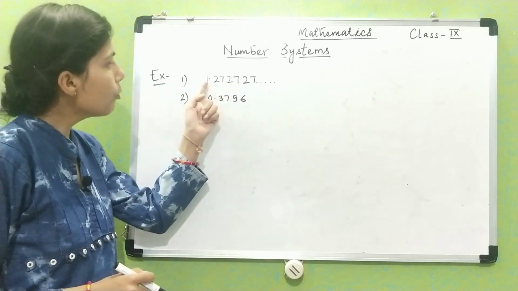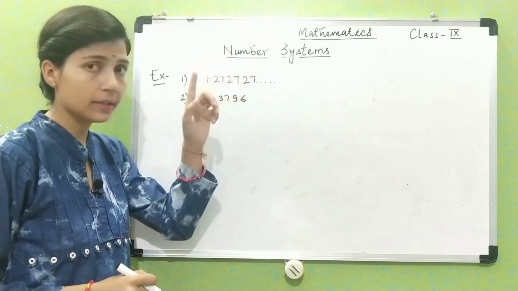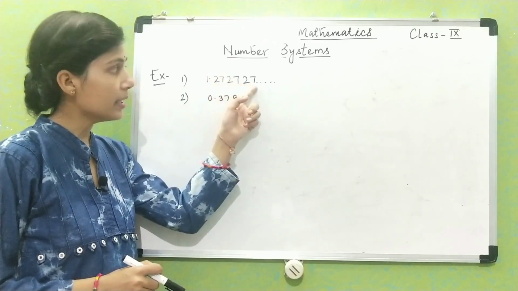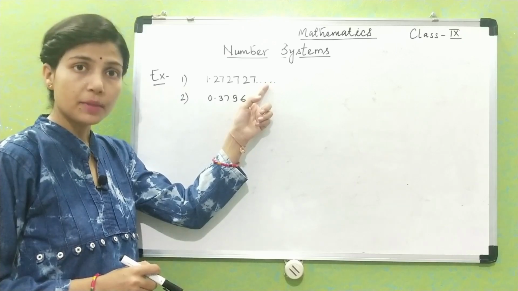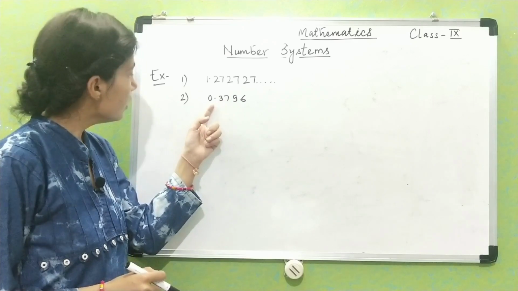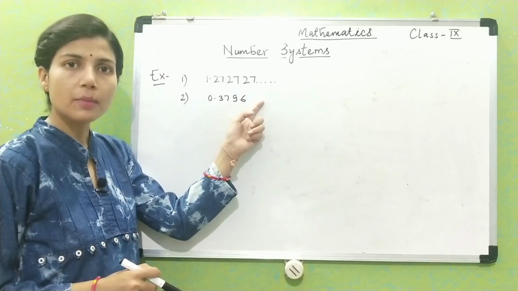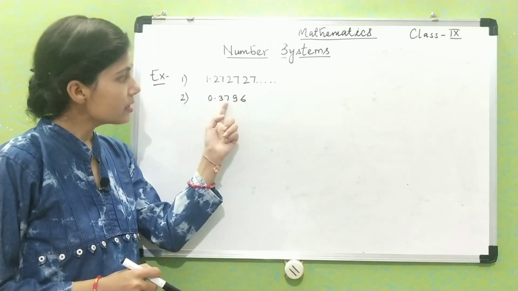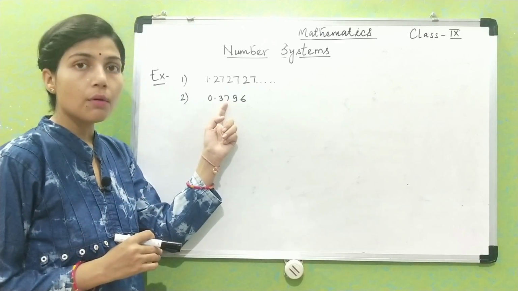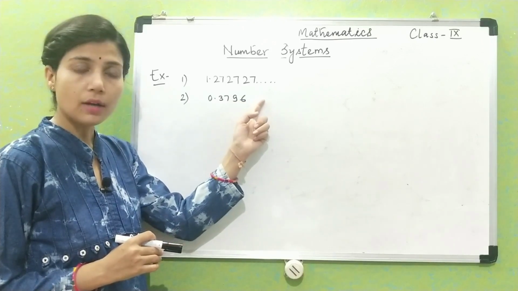Look here, 1.272727 dot dot dot, it means it is repeating. After the decimal, 27 is repeating here, which means this is a non-terminating recurring decimal expansion. Okay, and in this one, 0.3796, here dots are not coming, it means these digits are not repeating and it is terminating, because here dots are not present.